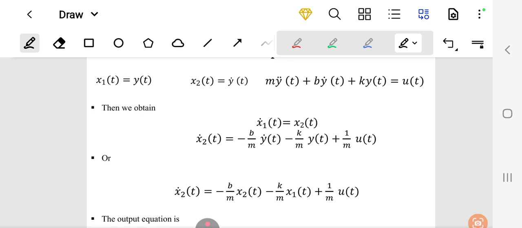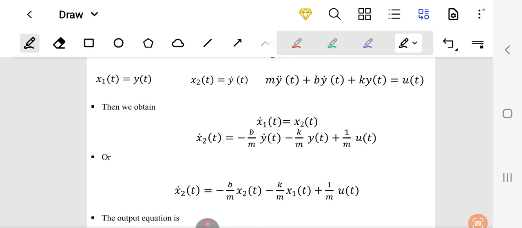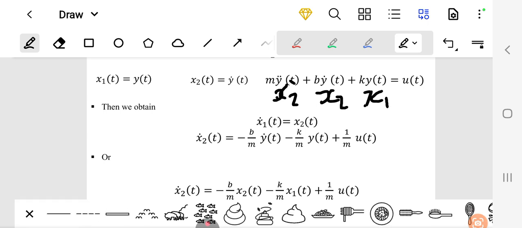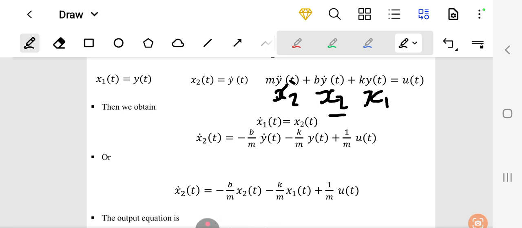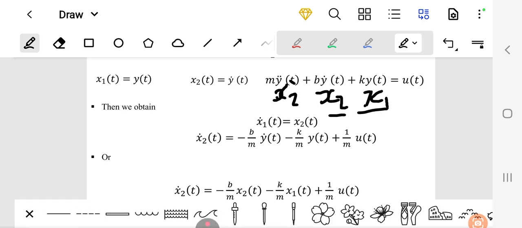We will substitute in the differential equation with y double dot by x2 dot, y dot by x2, and y equals x1. Then we divide all the equation by m, and the terms with x2 and x1 will be turned to the right side.